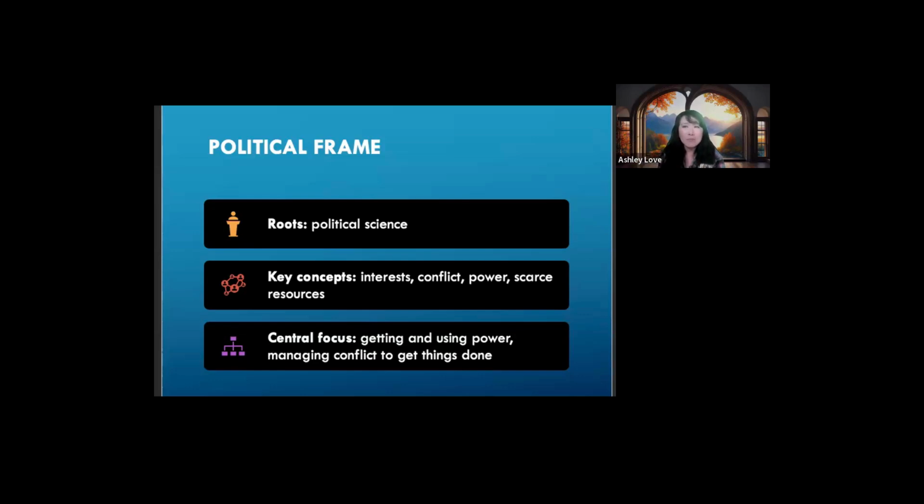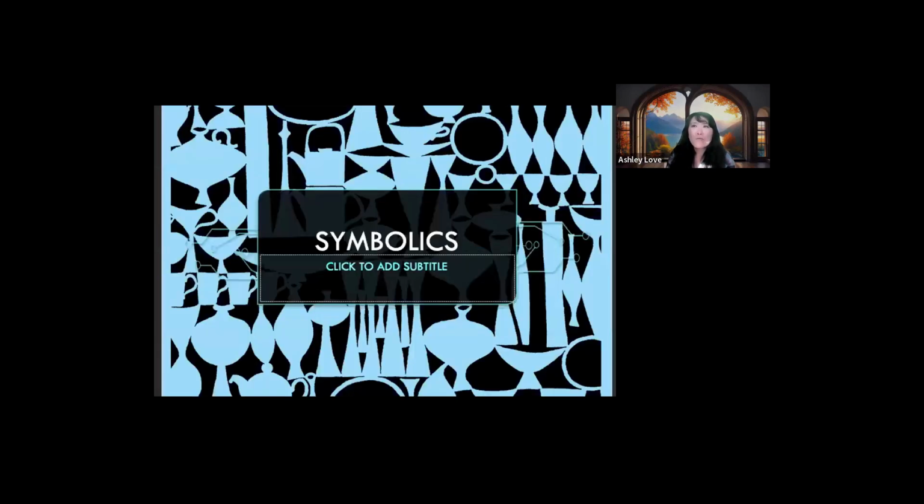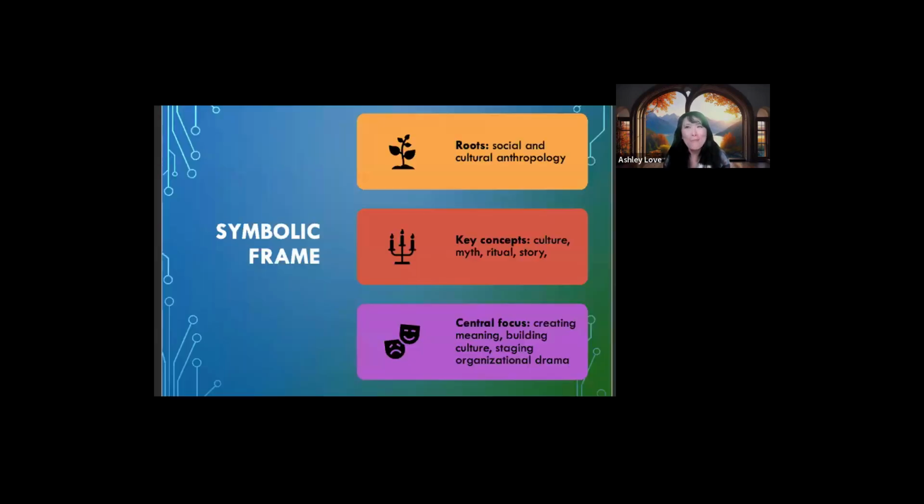The one that is very interesting that I know most of my students tell me that they never thought of before is symbolics. So I know it sounds a little non-academic, but symbolic framework.